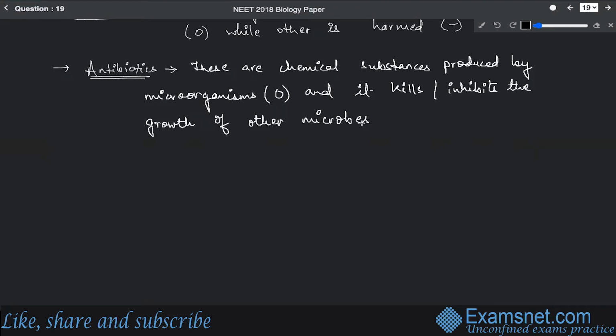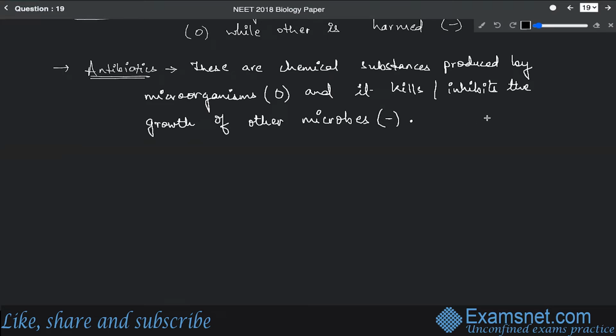Since it is going to kill or inhibit the growth of other microbes, that particular microbe will be killed, that means it will be negatively affected. So that is the case.